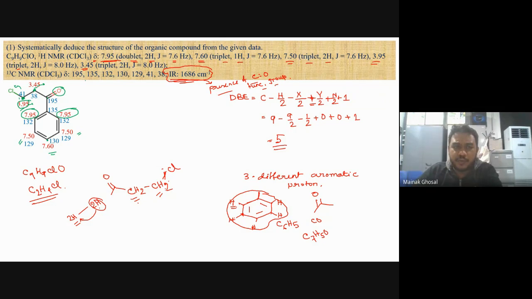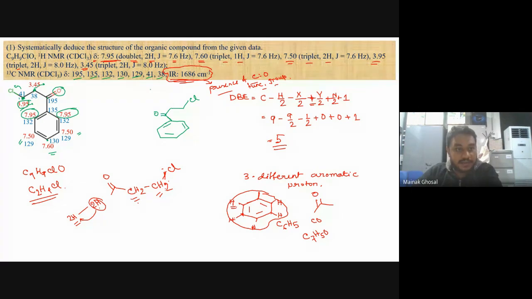Now, when you get this structure and want to match it with your carbon spectra, first thing you need to do is count how many different types of carbon are there in the compound. So you see 1, 2, 3, 4, 5, 6, 7.